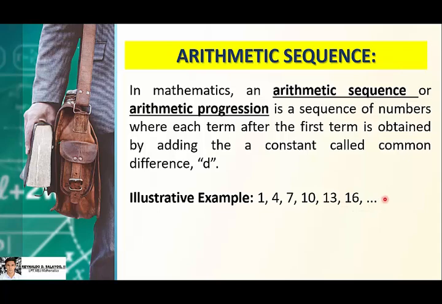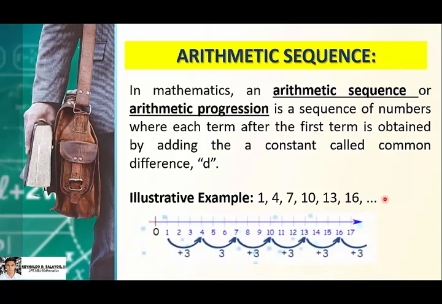In a number line, we can write it like this. So as you observe, in this specific sequence, we add a constant positive 3 to get the next succeeding term. Considering the first term, which is 1, we add the constant or the common difference 3.